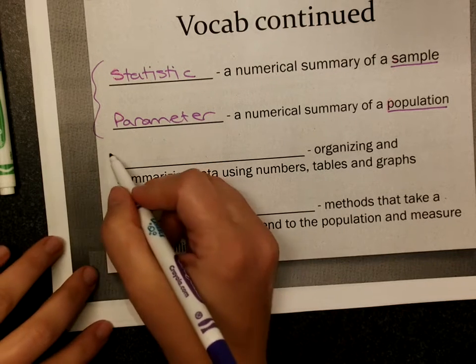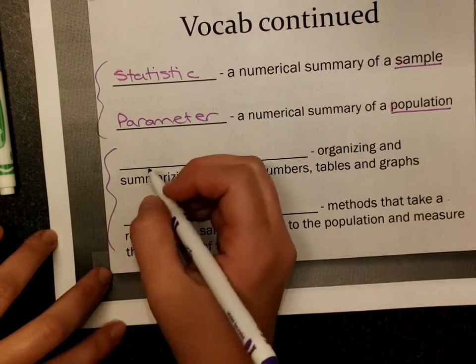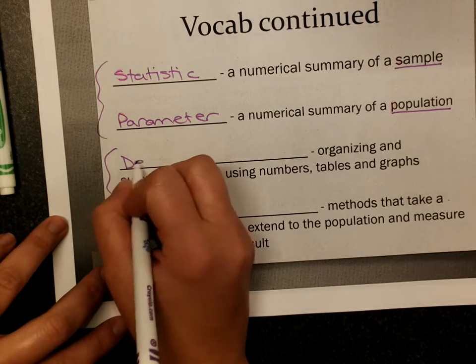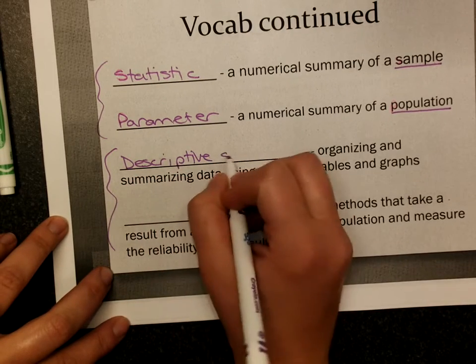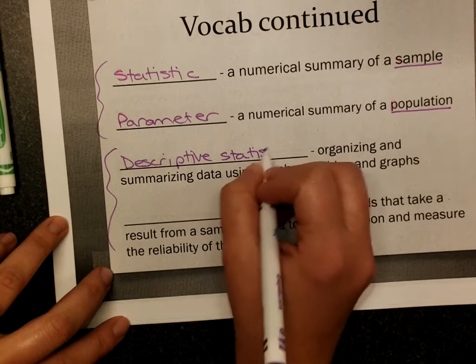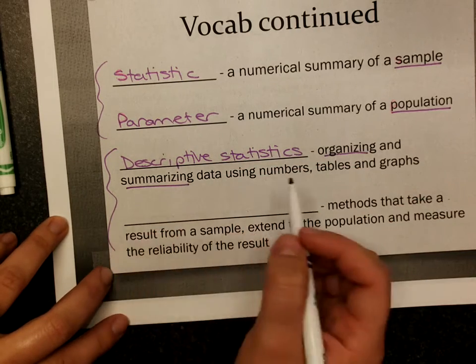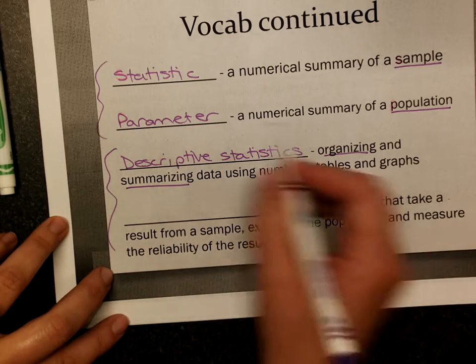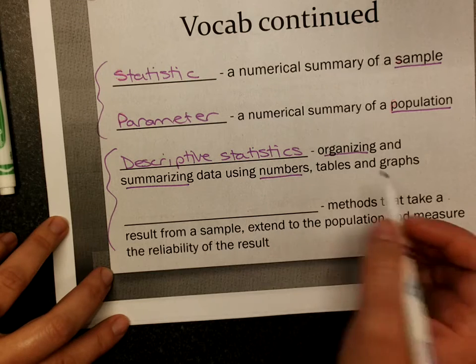Then we have the 2 different types of statistics that we've already kind of discussed. The first one is called descriptive statistics. So this is where we do the organizing and the summarizing. That all falls together in descriptive statistics. So we have numbers that we can organize.